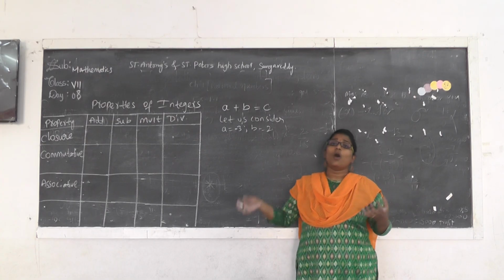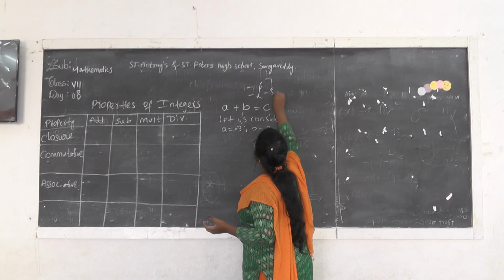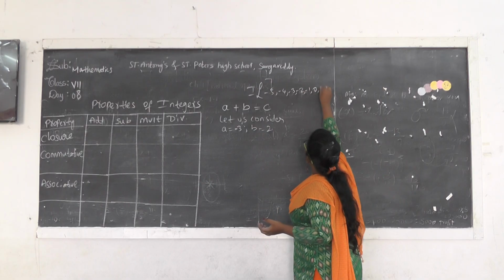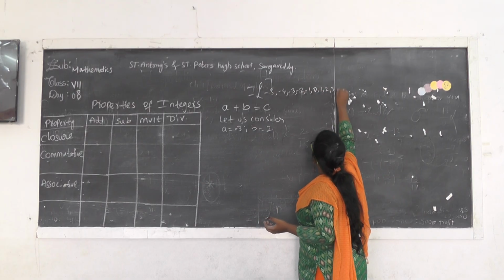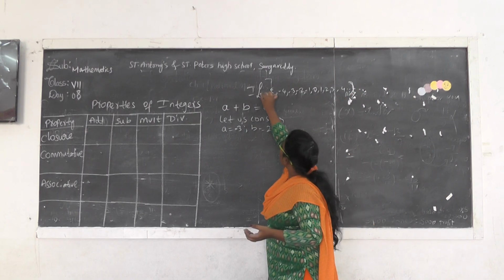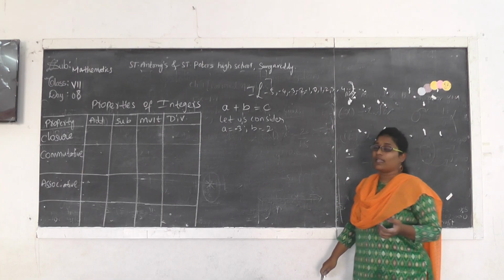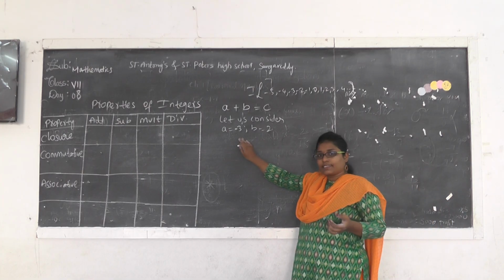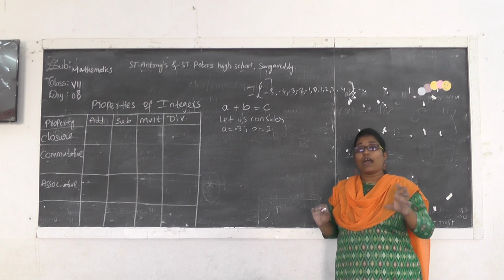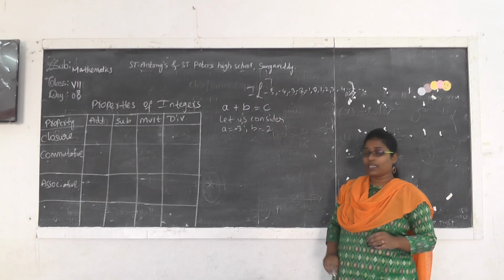Integers are all the positive numbers, all the negative numbers, including 0. Here minus 3 is an integer, 2 is an integer. After adding, if we get the result as an integer, then closure property is satisfied under addition.